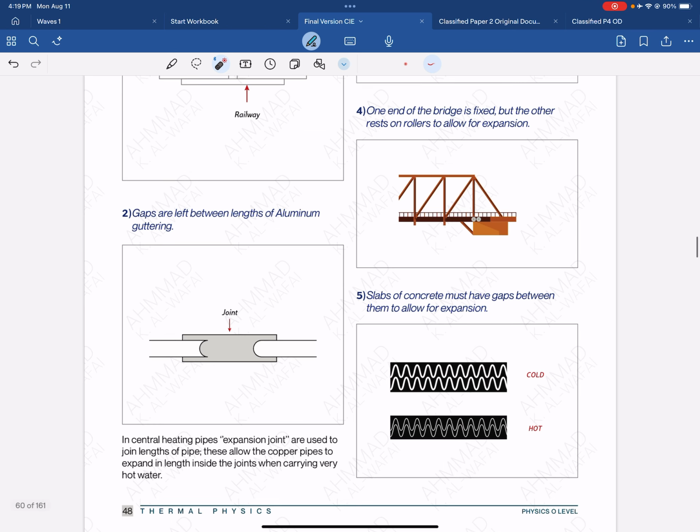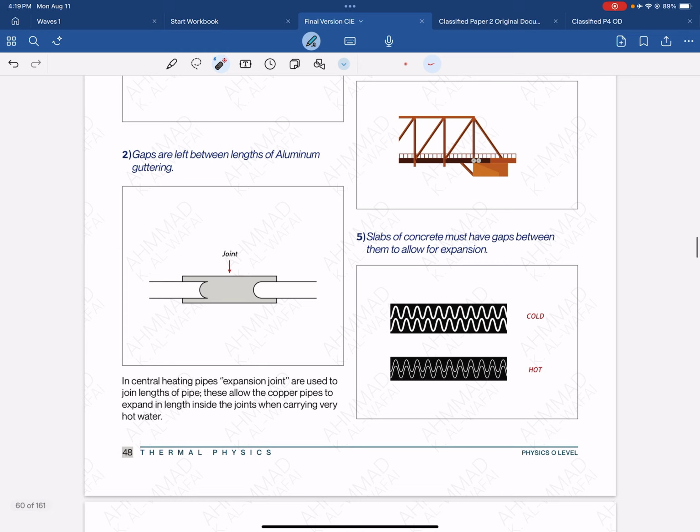Other things also, for bridges. Some bridges have expansion wheels that allow them to expand, especially steel bridges. Slabs of concrete are found mostly in bridges. If you look at bridges, there is something that feels like a speed bump, but it's not.